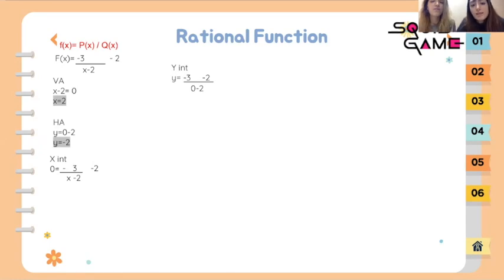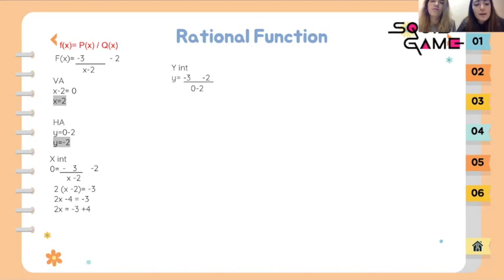The following step is to find the x-intercept. Replace y with 0. We pass the -2 to the other side, adding, and we multiply the 2 times the (x minus 2). We got 2x minus 4 equals -3.